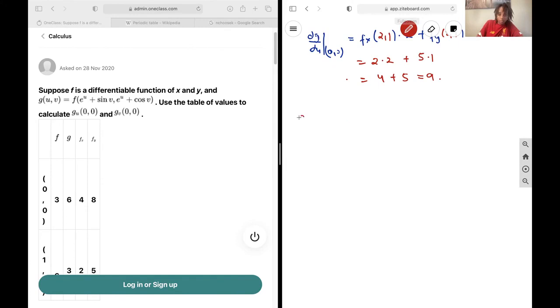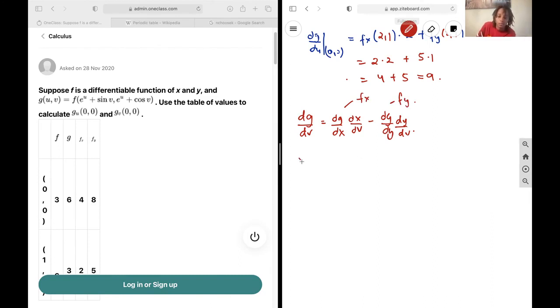And so just remember, we know that this is fx, and we're going to be evaluating it at u equal to 0 and v equal to 0. And this one is going to be fy evaluated at those same points.